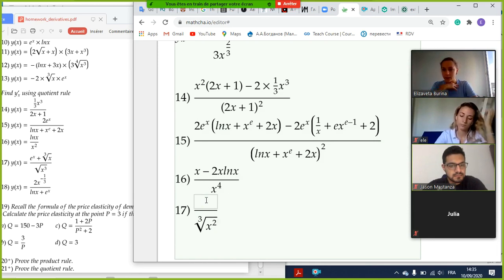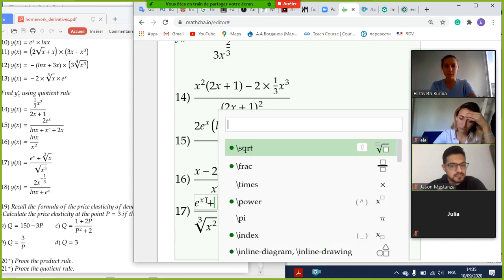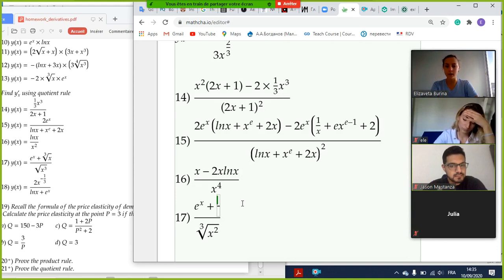So then here the derivative of the numerator will be our favorite, plus 1 over 3, which is the power, the exponent. 1 over 3, we've seen it already many times today.